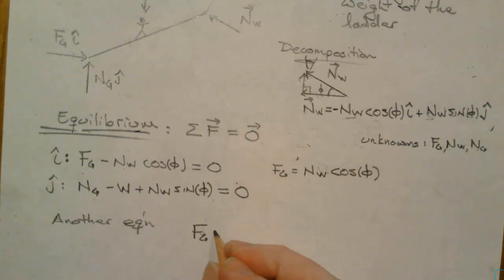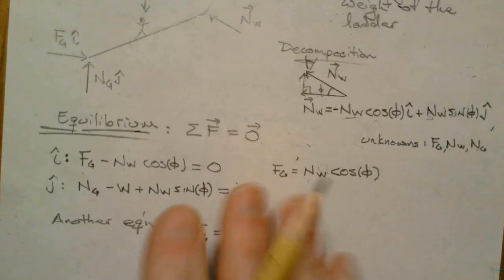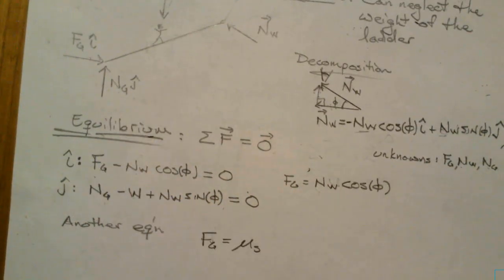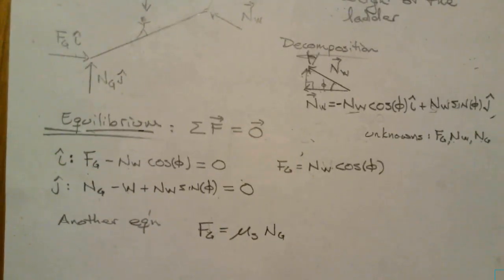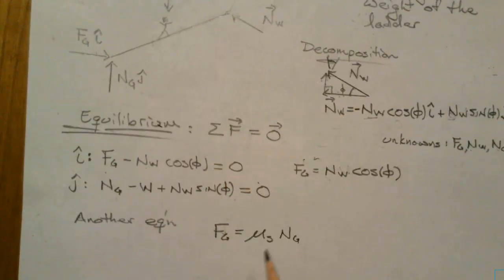So that static friction is going to be mu s times the normal force here, mu s times Ng. What do you think? That gives us another equation. But there's a problem with this. In fact, there's 2 problems with this. One problem is that I don't know mu s. It's not given. It's not given to us. So this is not working for me.